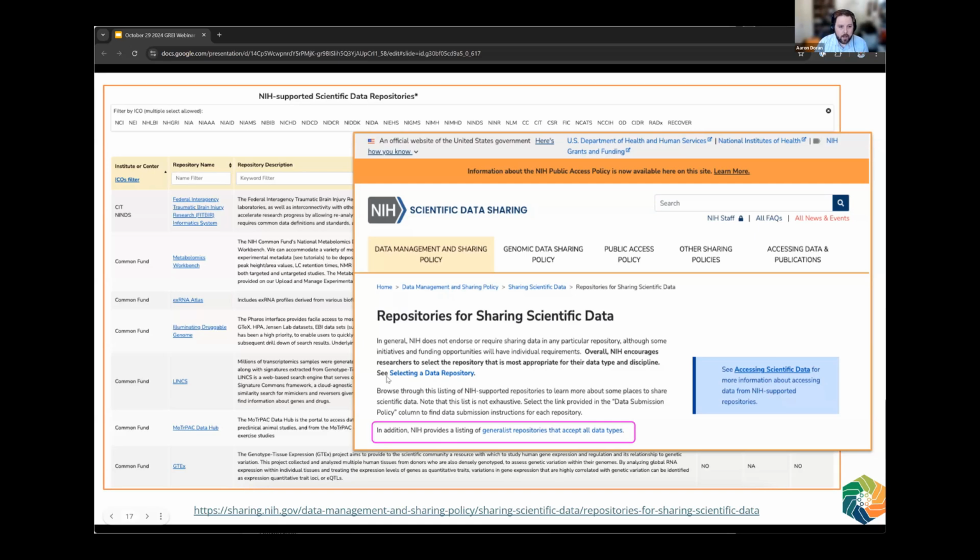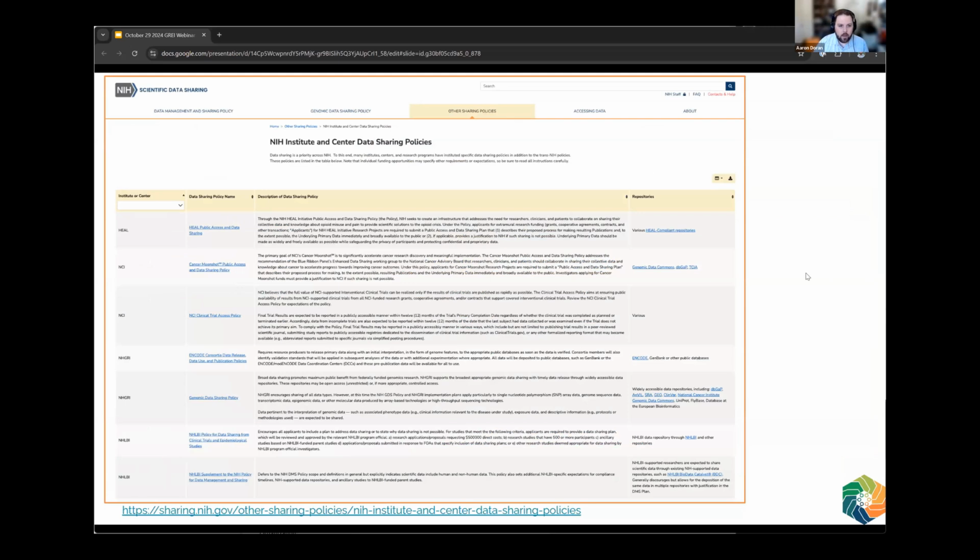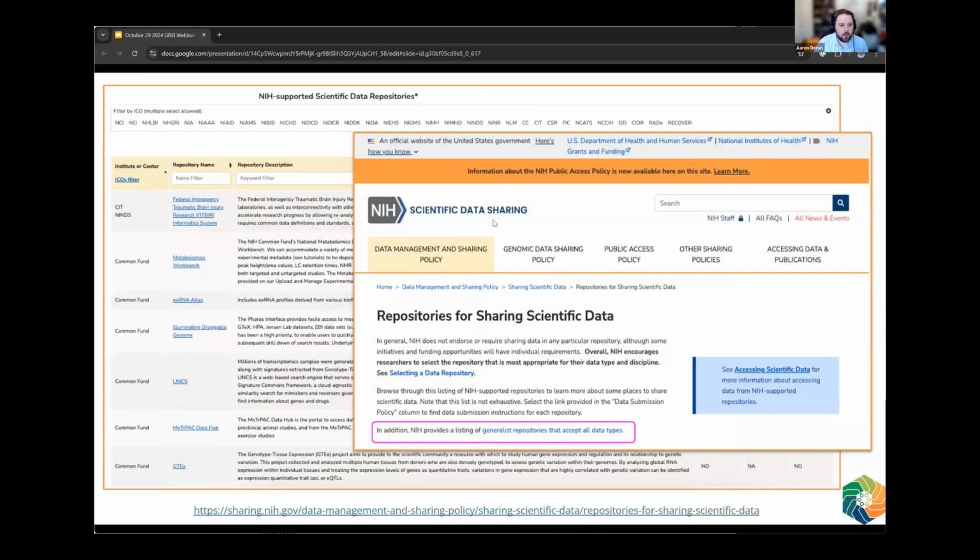You'll have the links here at the bottom of the slide, and you can go through and see, oh, okay, this domain specific repository is funded by this center. Here's its name. Here's the kind of content it's accepting.